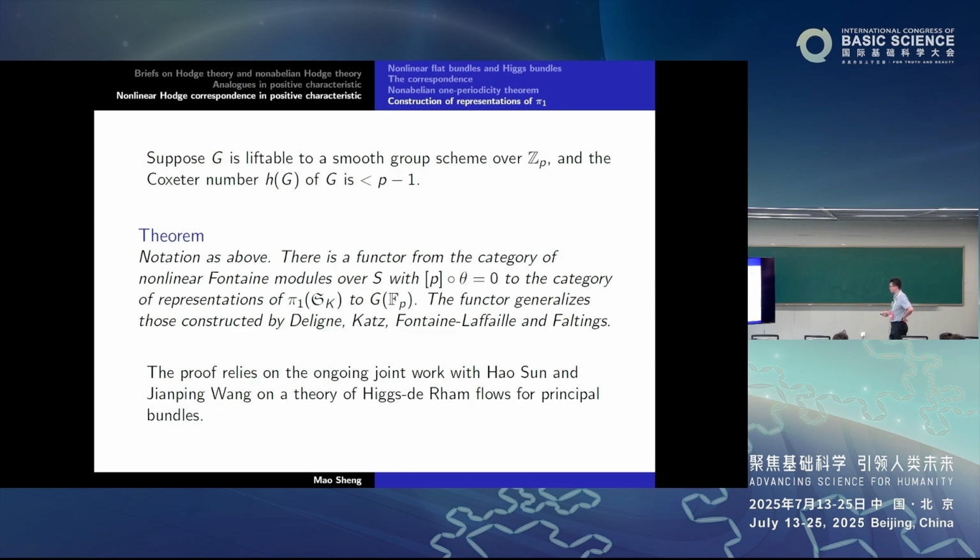And this functor generalizes those constructed classically by Lin, Katz, Fontaine, Lafaille, and Faltings.